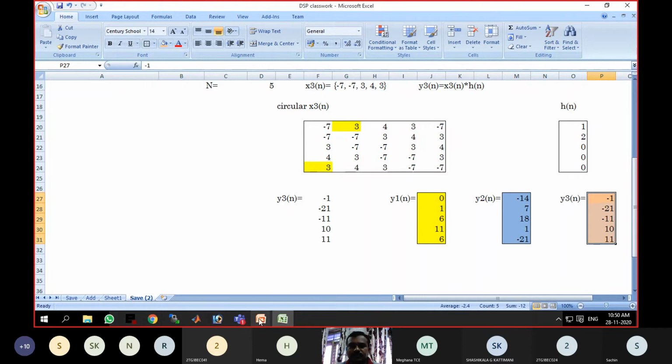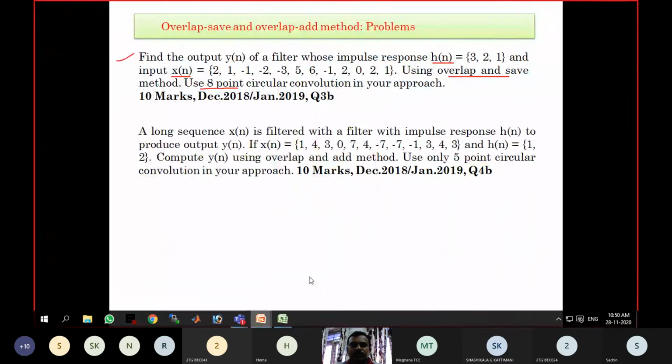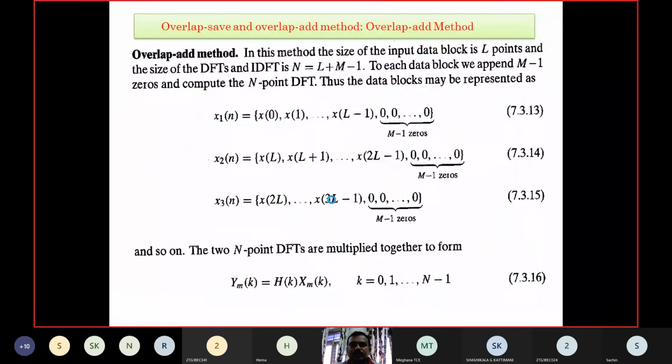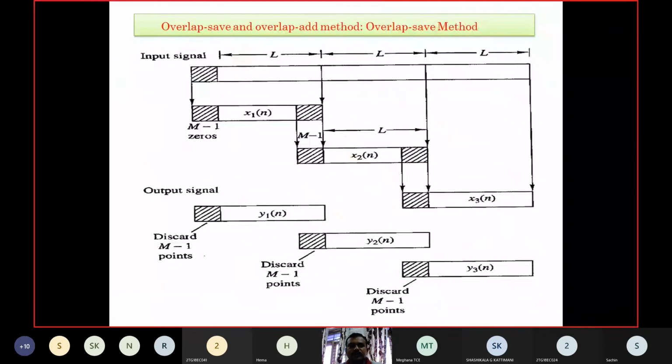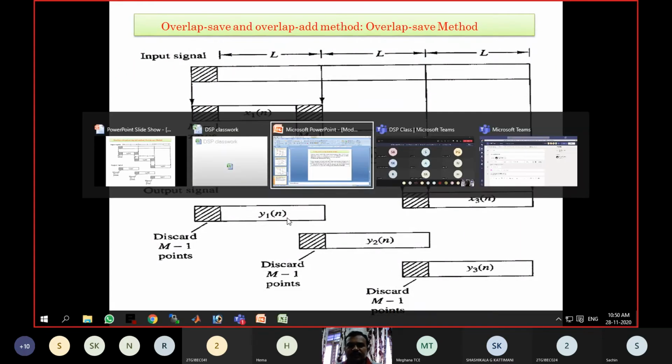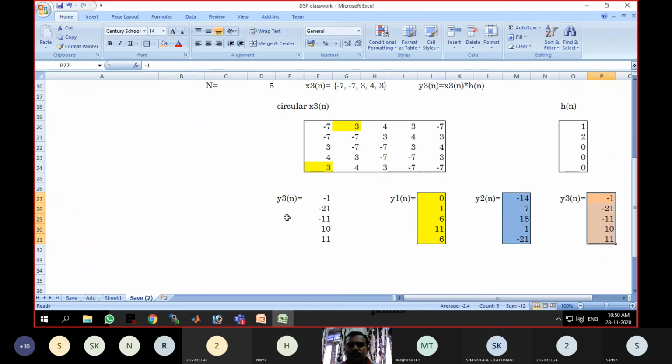Next, what I need to do, according to the overlap and save method, I need to discard the first m-1 bits of each y. So that is one element I need to discard from each y, only first. So I need to discard this one, then I need to discard this one, and okay, wait.